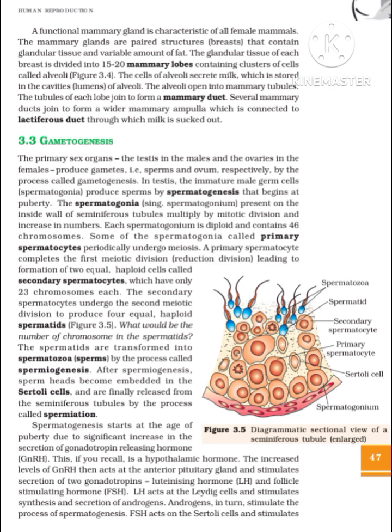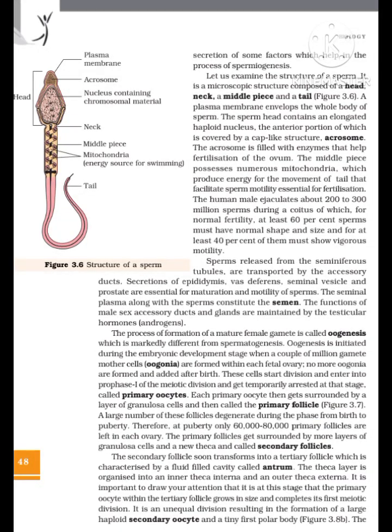LH acts at the Leydig cells and stimulates synthesis and secretion of androgens. Androgens, in turn, stimulate the process of spermatogenesis. FSH acts on the Sertoli cells and stimulates secretion of some factors which help in the process of spermiogenesis. Let us examine the structure of a sperm.